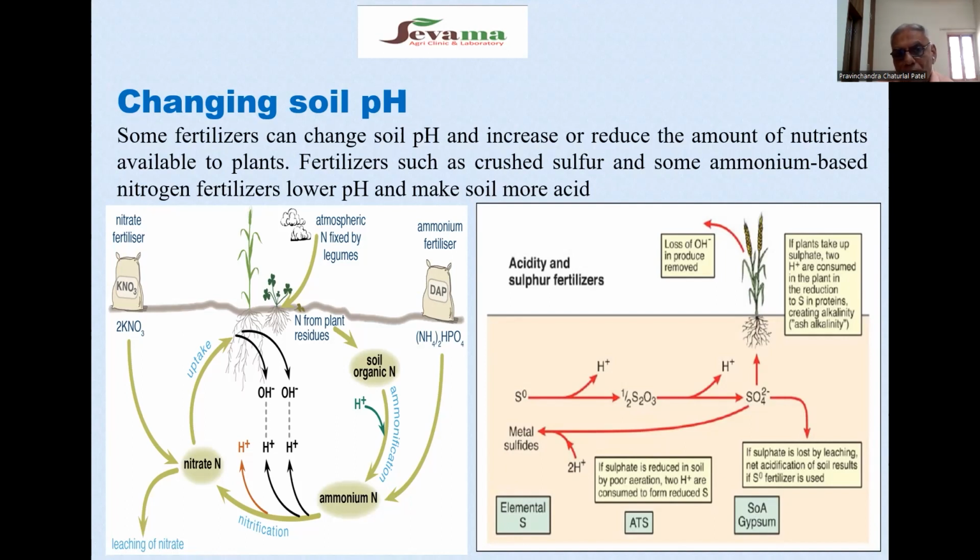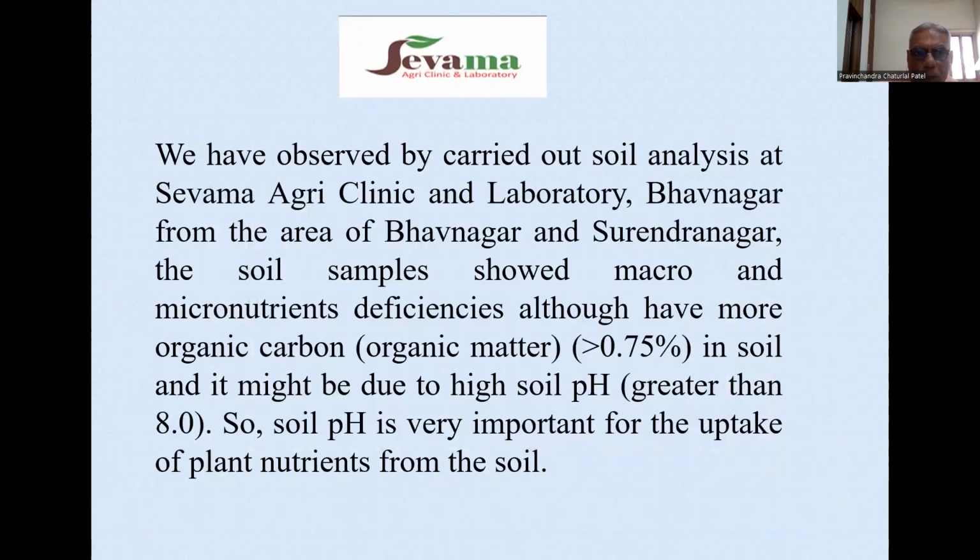When we have alkaline soil with pH of 8.2 or 8.5, we recommend that the farmer use acidic fertilizer, ammonium fertilizer, then sulfur fertilizer, then urea, then sulfate of potash for reduction of the soil pH. But nitrate fertilizer has less effect on soil pH.